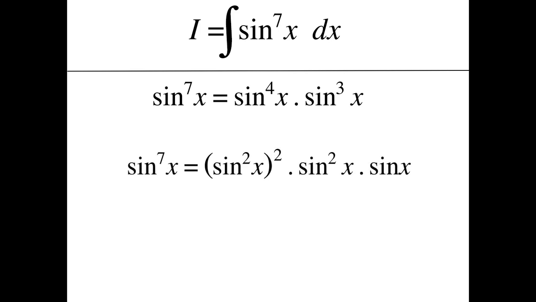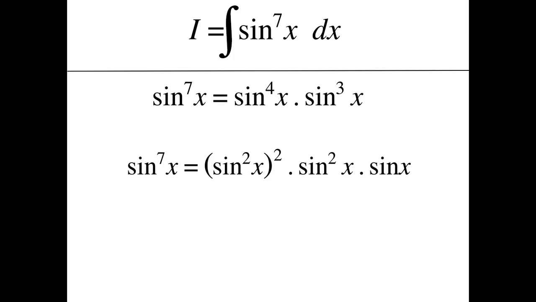Sine to the power 4x can be written as sine square x whole square, and sine square x times sine x is equal to sine to the power cube x, right? And we have a similar term, which is sine square x and sine square x.